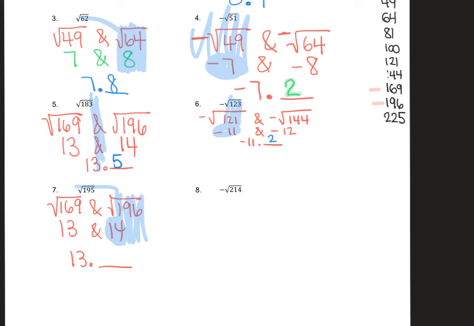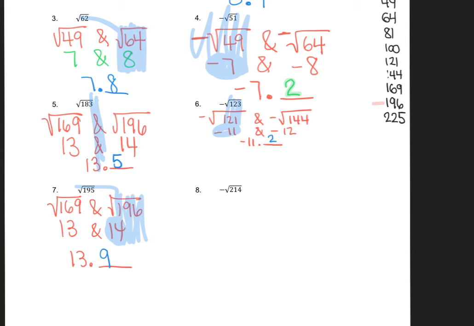You see, 195 is one number away from 196. So this would be where you have like 13.9, because it's just barely there. And really, if you looked at rounding, maybe it would round up to 14.